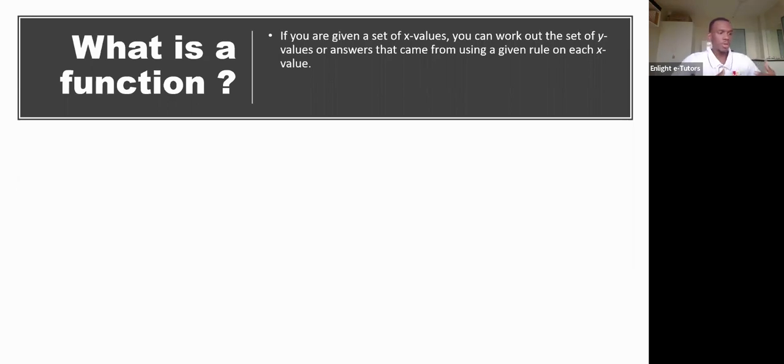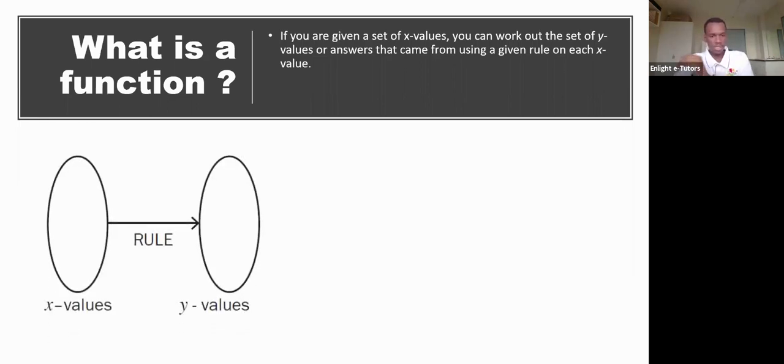You are given a set of X's, and you want Y values, and you work around with it. This is an easier diagram, putting it in a simple form. Here you are given a set of X values, you put them in an equation, and you get Y values.